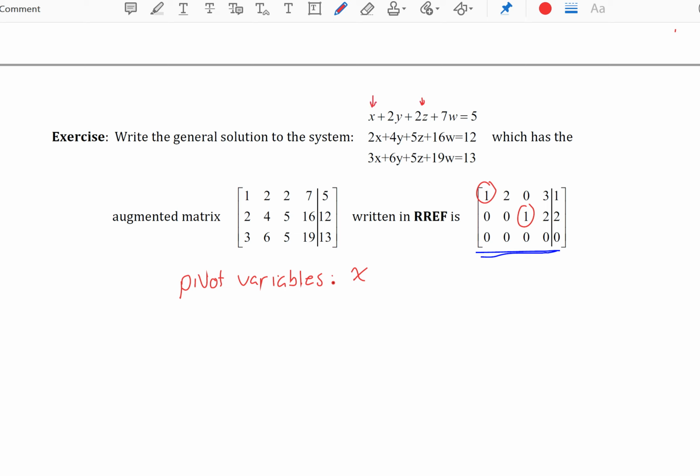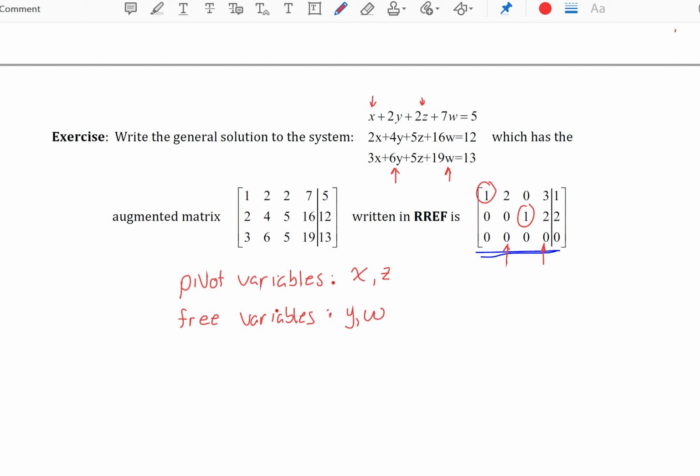So these are your two pivots, x and z, which would make your free variables the ones without pivots, the variables in this column and this column, which correspond to y and w.